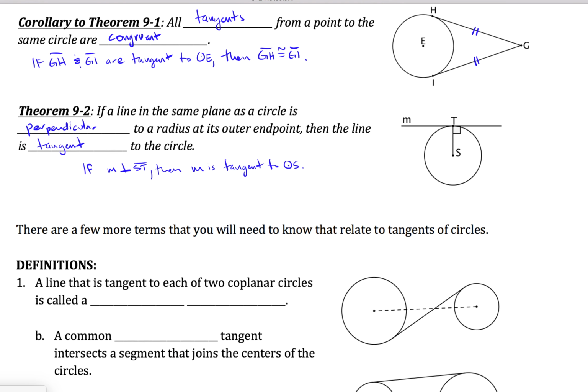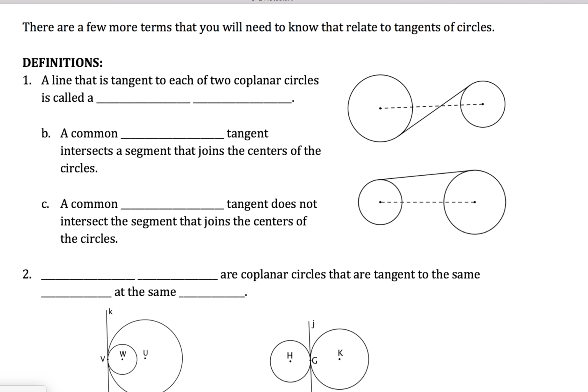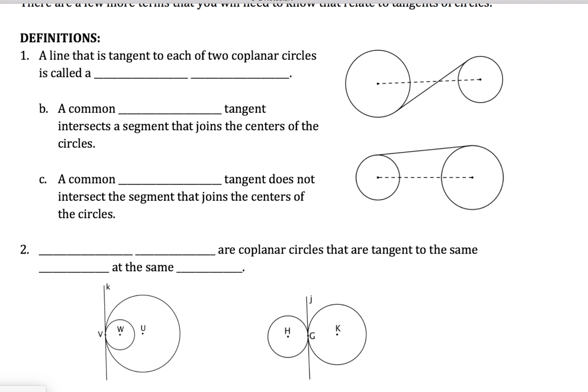A few more things you need to know that relate to the tangents of circles, a few more new terms. First of all, if we have a line that's tangent to each of two coplanar circles, that would be called a common tangent.